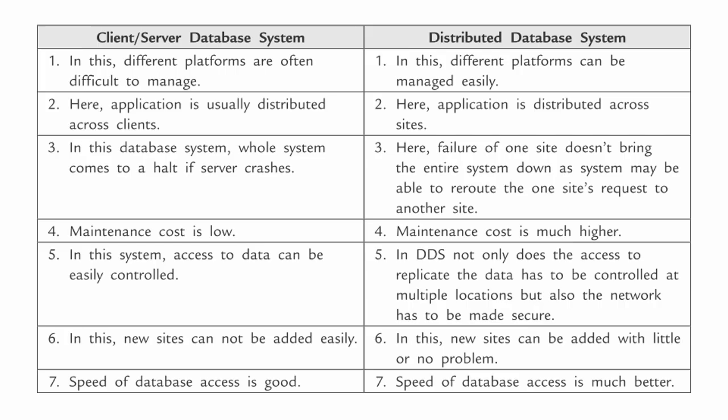Okay, so let's break down the table comparing client server database system and distributed database system. Talking about platform management, for client server, managing different platforms like the hardware and software is more challenging. Meanwhile, for distributed, handling diverse platforms across multiple locations is easier.